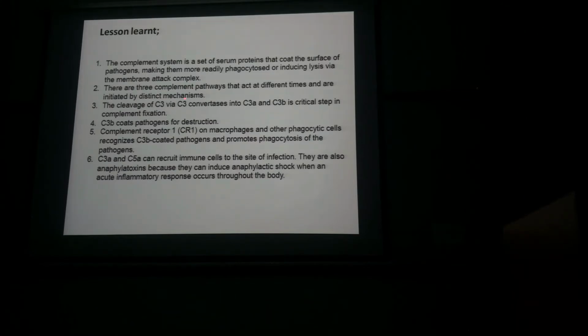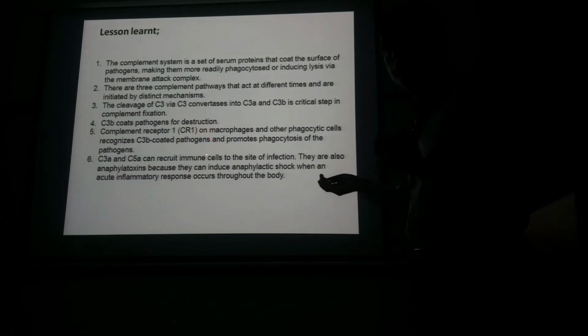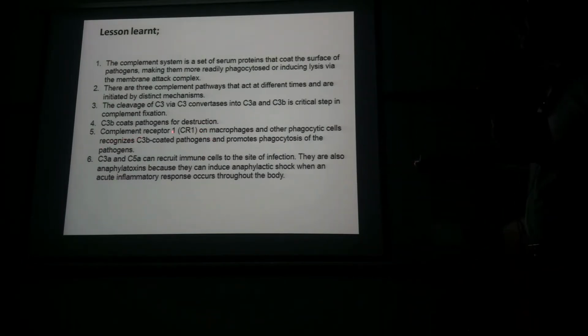And I told you about the abundance of C3 in body fluids. 1.2 milligram per ml of your body fluids is C3. So you can just imagine the concentration of this complement. C3b coats pathogens for destruction, okay, and complement receptor number 1 on macrophages and other phagocytic cells recognizes C3b-coated pathogens and promotes phagocytosis of the pathogens.